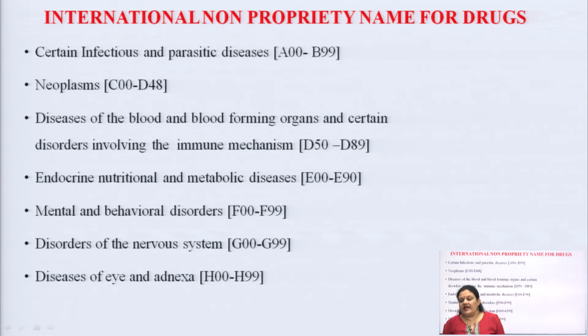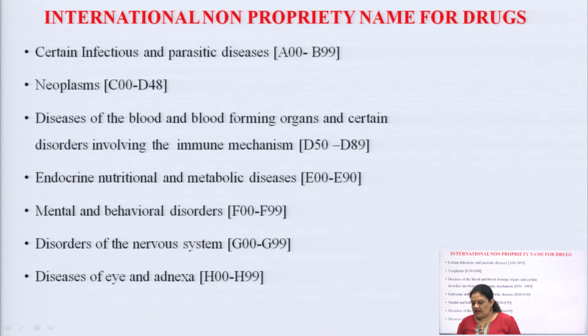Now, coming to the International Nonproprietary Name for drugs, which is nothing but INN, and according to the INN system of classification of drugs and diseases, we have different codes for ICD.